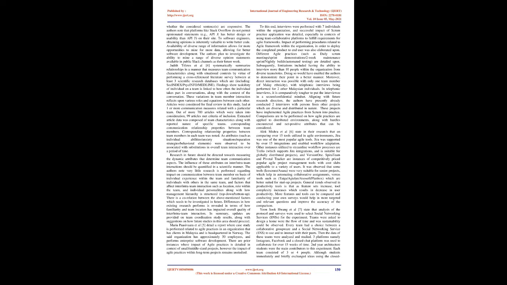Extracted article data was composed of team characteristics along with the reported nature of specific teams, and corresponding communication relationship properties between team members in each team were noted. Attributes such as individual abilities, anxiety situation, reparation strategies, and behavioral elements were observed to be associated with substitutions in overall team interaction over a period of time.